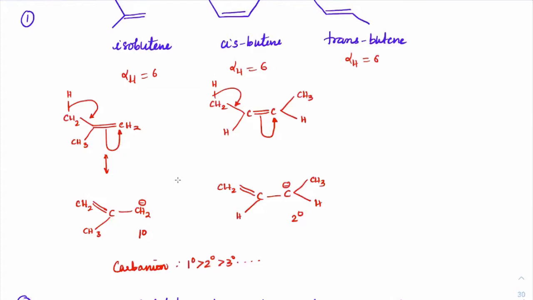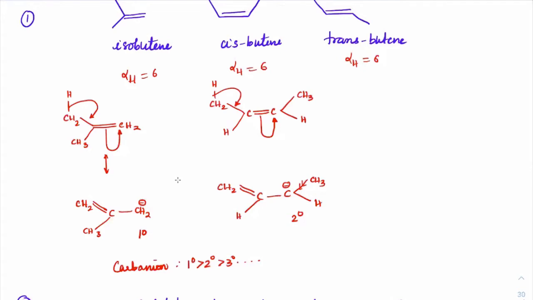So we can clearly see that this CH3 is trying to donate electrons, where the carbon already has a lone pair present on it. On top of that, if CH3 pushes electrons towards it through the inductive effect, that becomes an unstable carbanion, which is not otherwise present in a 1 degree carbanion.